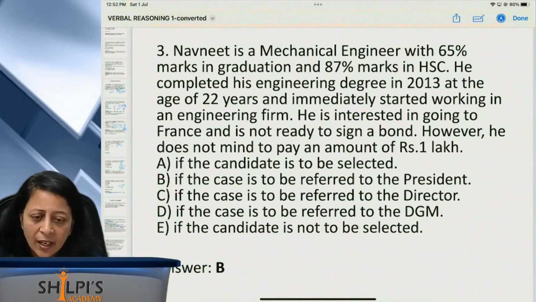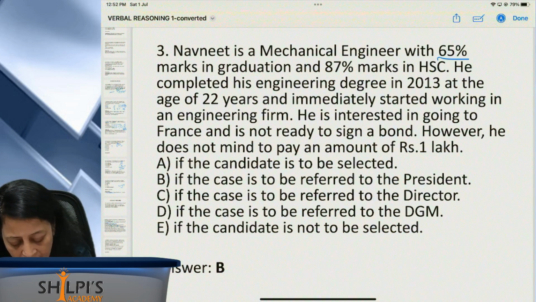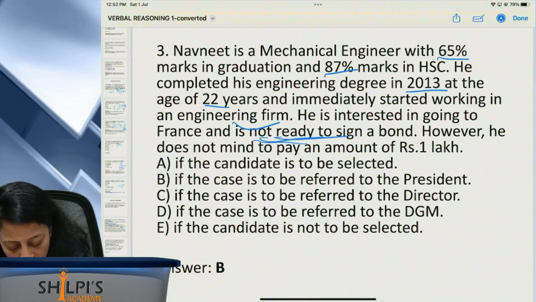Next question. Navneet is a mechanical engineer with 65% marks in graduation and 87, that is also fine. He completed his engineering degree in 2013 at the age of 22 and immediately started working in an engineering firm. He is interested in going to France and is not ready to sign a bond. However, he doesn't mind paying 1 lakh.